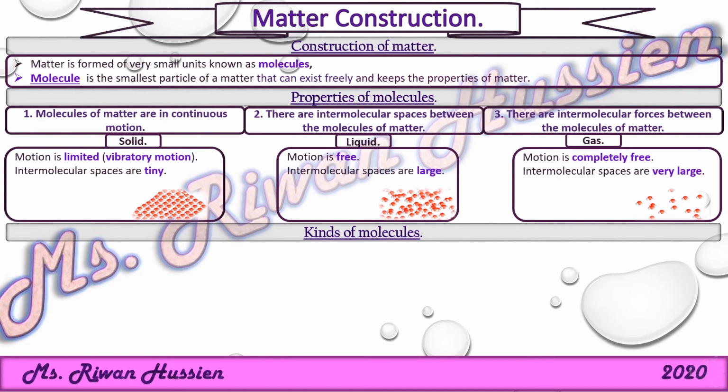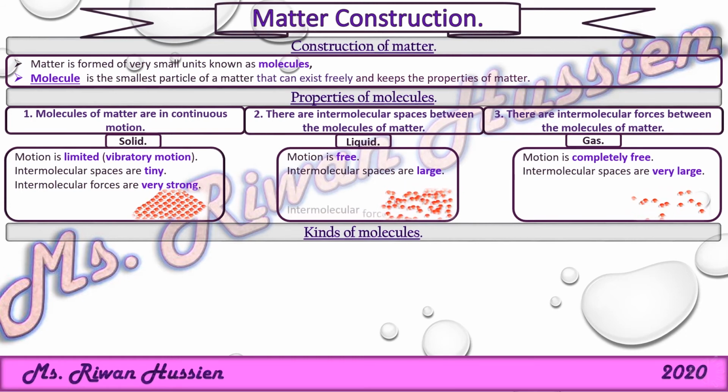Moving to the third property of molecules, as you can see in the pictures, there are intermolecular forces between the molecules of matter, either solid, liquid, or gas, where the intermolecular forces between the solid molecules are very strong.